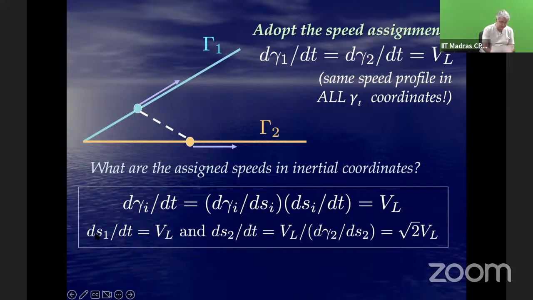So if you specify that ds1 dt is VL, ds2 dt is the square root of t times VL. So naturally, if you make the gammas equal, when you assign a certain speed to this one, the other one will go at a higher speed, but you don't have to tell it in advance. So the beautiful thing is that in the gamma coordinates, all speeds are equal.